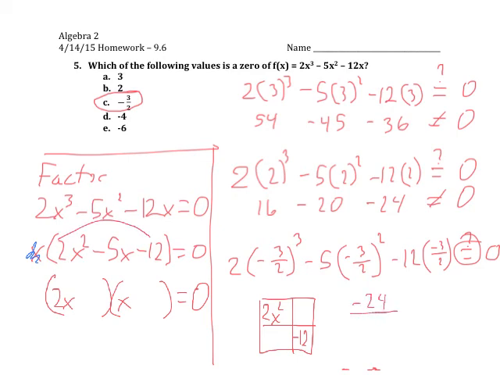I'm looking for two numbers that multiply to make negative 24 and add up to be negative 5, and it turns out to be 3 and negative 8. So you put those in the box like that.